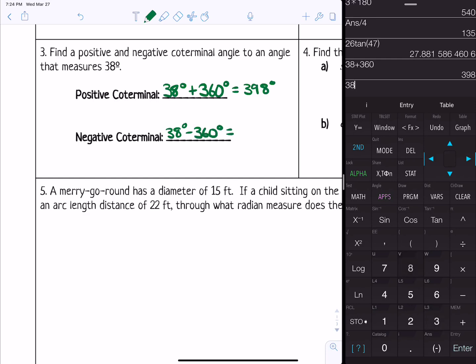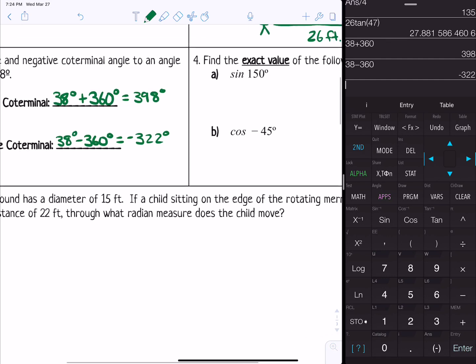If for some reason you don't end up with a negative, you just have to keep subtracting the 360 until you do. But that one worked fine, so negative 322 would be a negative coterminal angle. Remember with coterminal angles, they land on the same spot, so you either add 360 to get a positive one or subtract 360 to get a negative one.